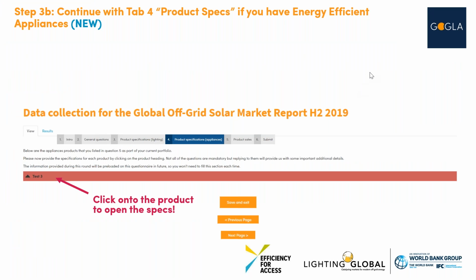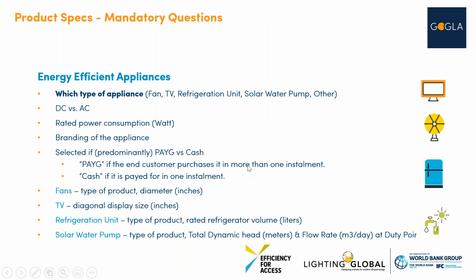One of the first questions that you will see for the appliances products is that you have to select which type of appliance we're actually talking about. So whether it's a fan, a TV, a refrigeration unit, a solar water pump, or another appliance. What you choose here is important, because the following questions will actually change depending on which category the product is part of.